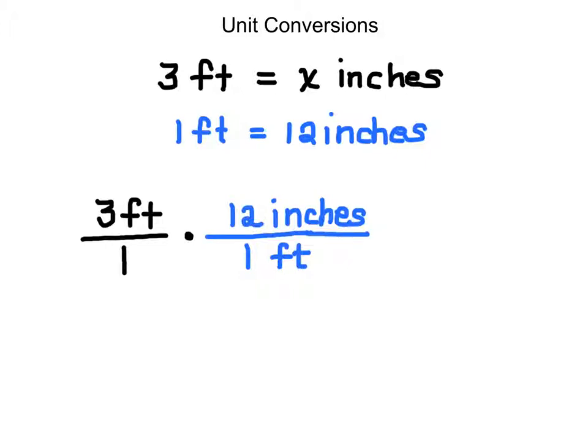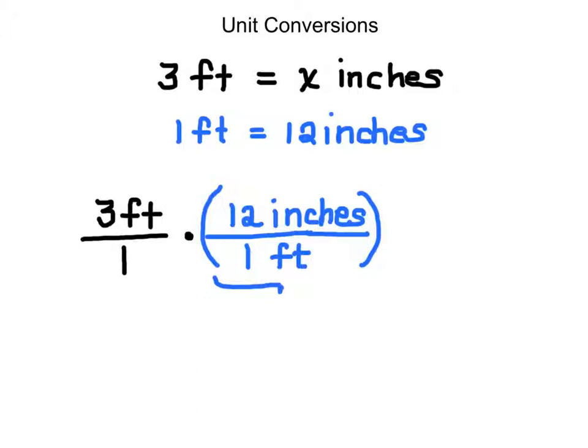What's important to note here is that this entire ratio or fraction of 12 inches over 1 foot is equal to 1. Because there are 12 inches in 1 foot, the numerator and the denominator have the same value. When both the numerator and the denominator have the same value, then the ratio has a value of 1.